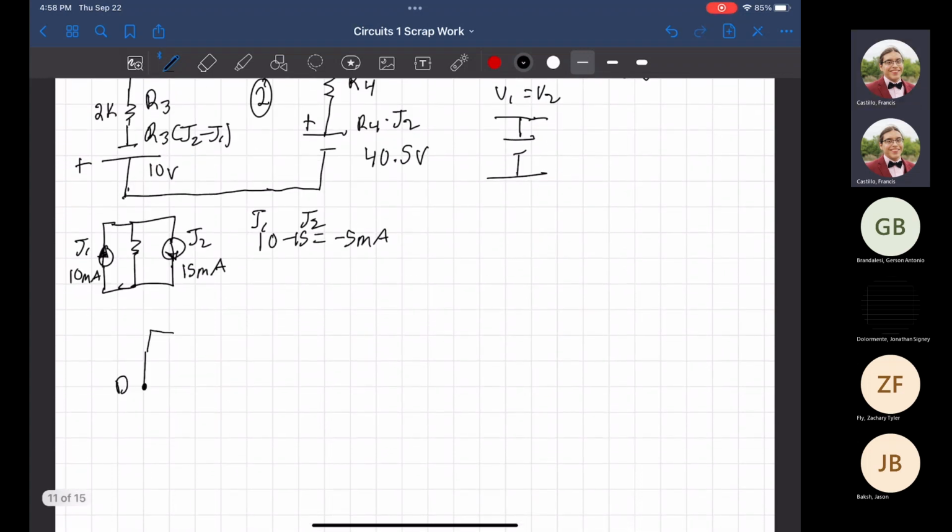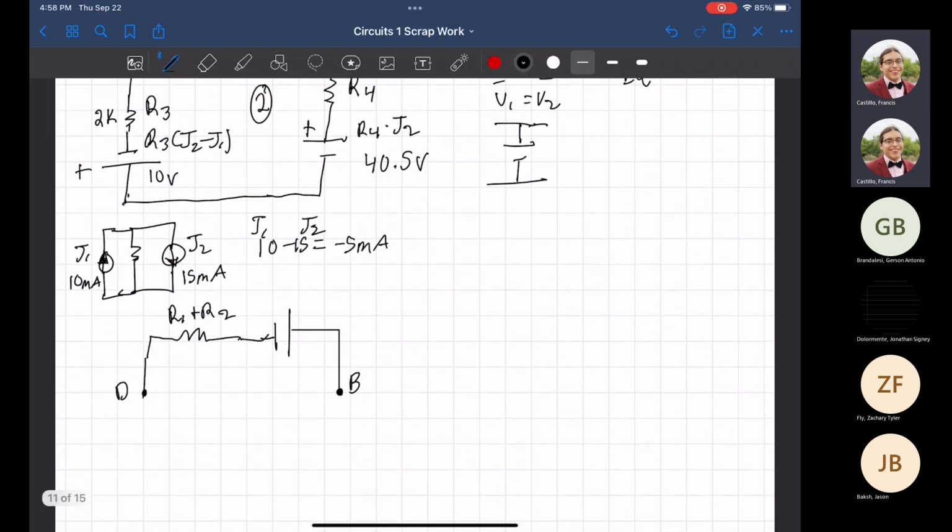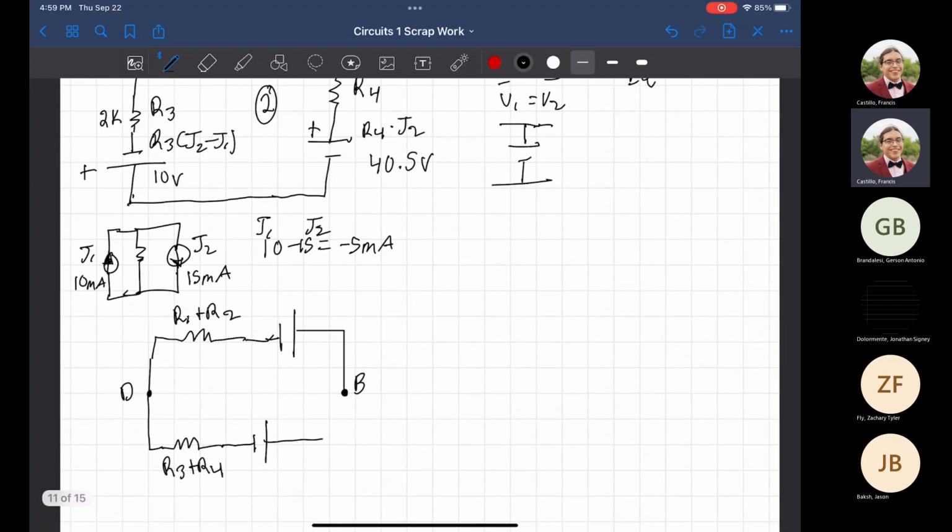So all I'm saying is this is going to be some resistor value of R1 plus R2 going across, saying, hey, there's a voltage source here, and then here's node B. That's the top half. The bottom half is going to be very similar. All we're saying is, hey, there's some resistor value that's going to be the sum of R3 plus R4 because they're in series, and then some voltage source, whether it be in this notation or not. We're going to correct that if we have to.